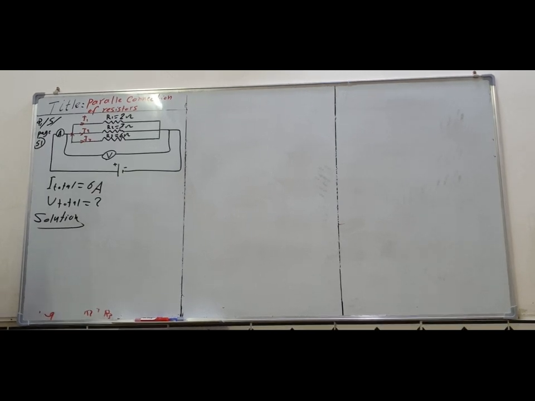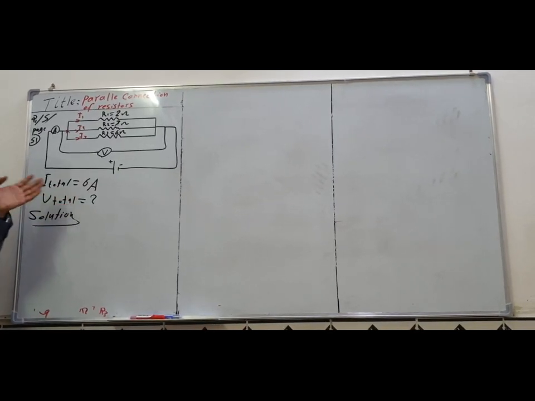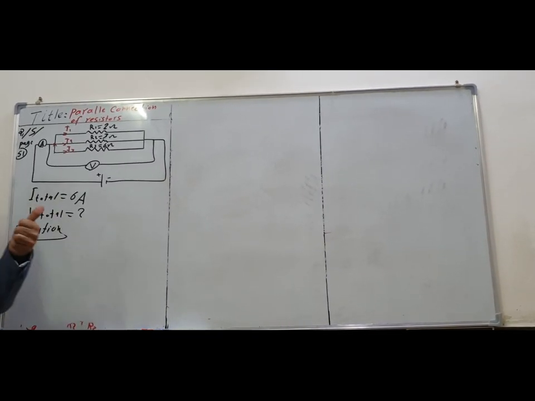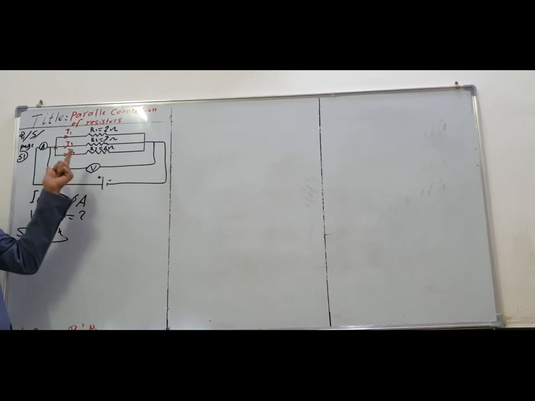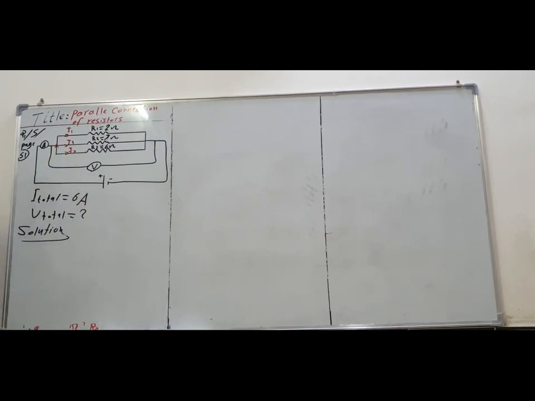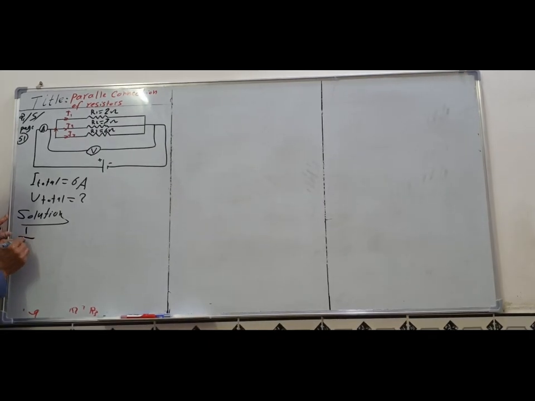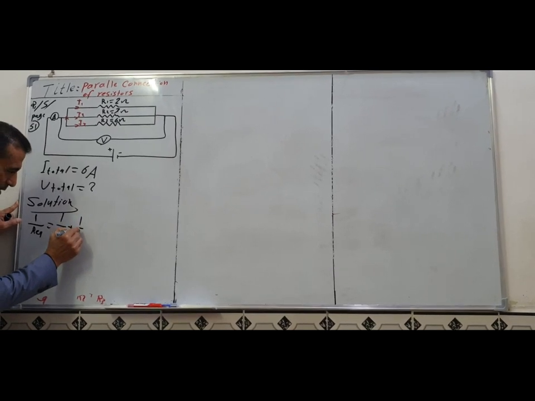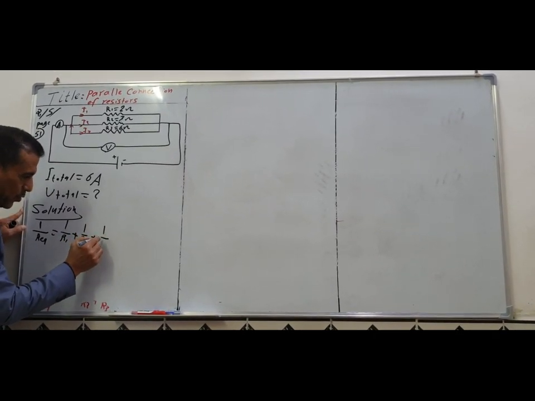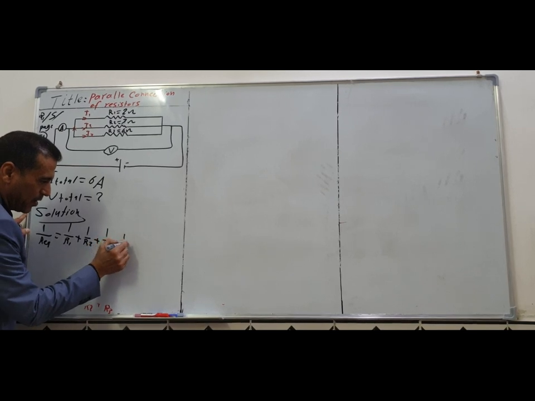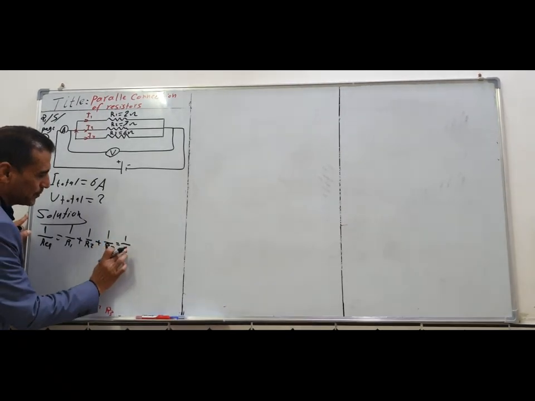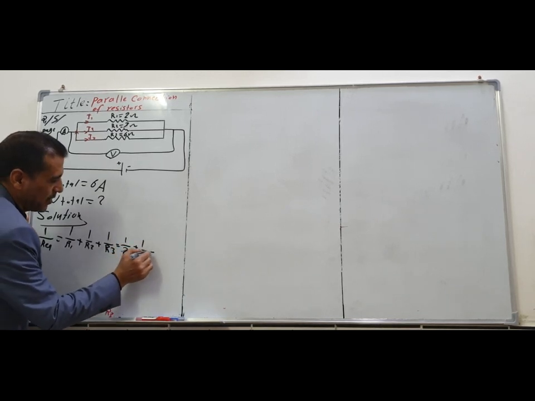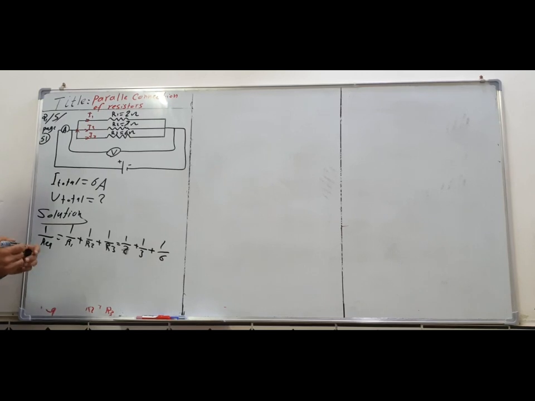In the beginning, to calculate the total potential difference, we must know the amount of electric current and the equivalent resistance. 1 divided by R equals 1 divided by R1 plus 1 divided by R2 plus 1 divided by R3, which is 1 divided by 2, 3, and 6.